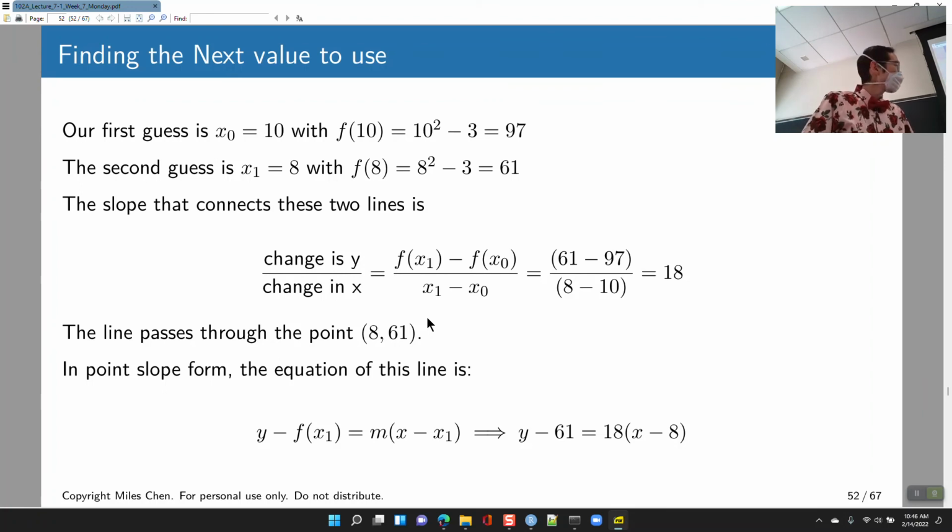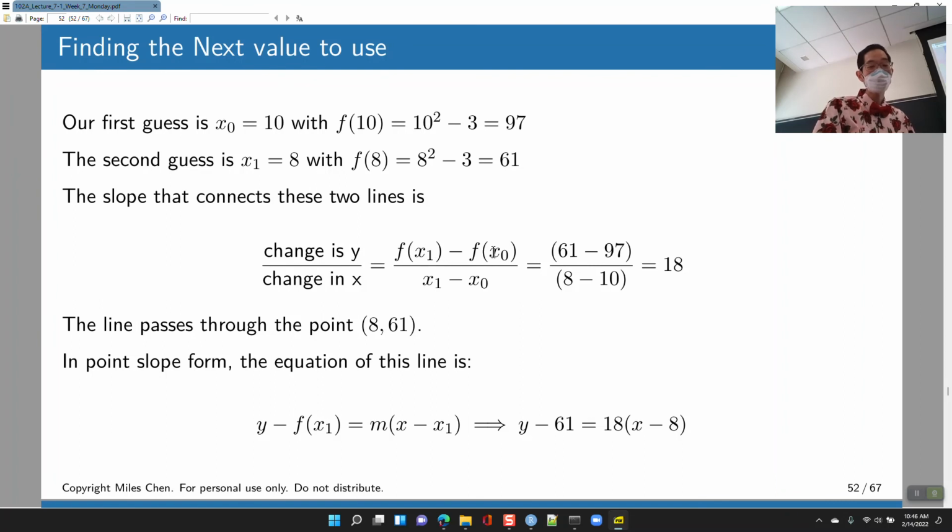So the slope of the secant line is basically your change in y divided by your change in x. So you say f of x1 minus f of x0 divided by x1 minus x0. So this is going to be the slope. And then to solve for the next value, you say, okay, y minus f of x1 equals the slope m times x minus x1, and you solve for that.